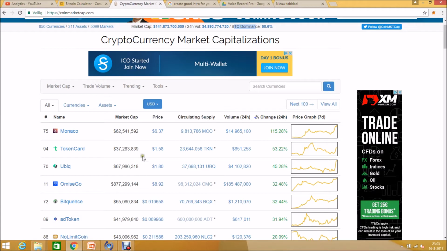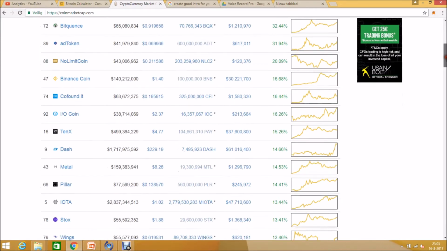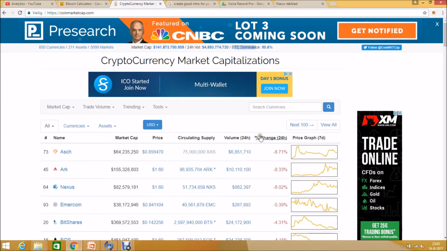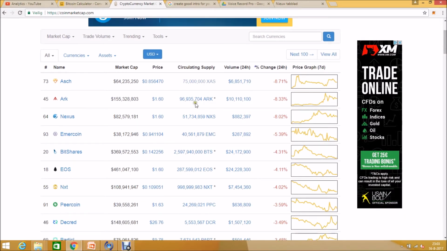I can see who is doing really well right now, and that can give me some information about these coins and their data. If I turn it around, from worst to best, I can see on top which are underperforming the most.